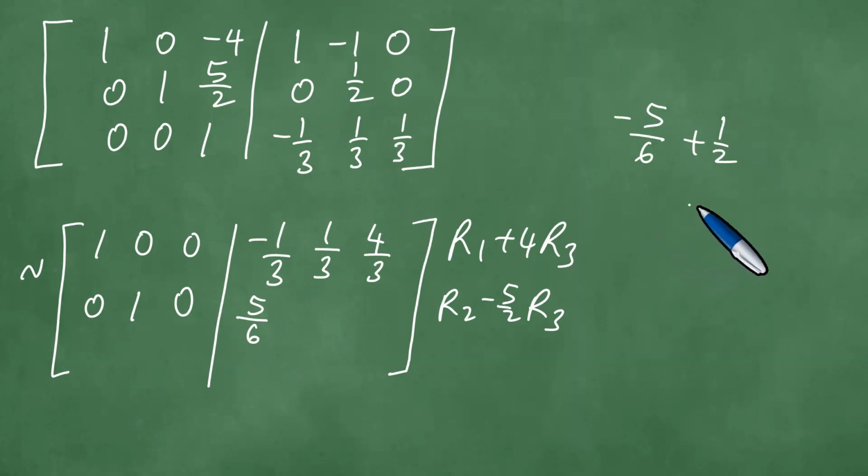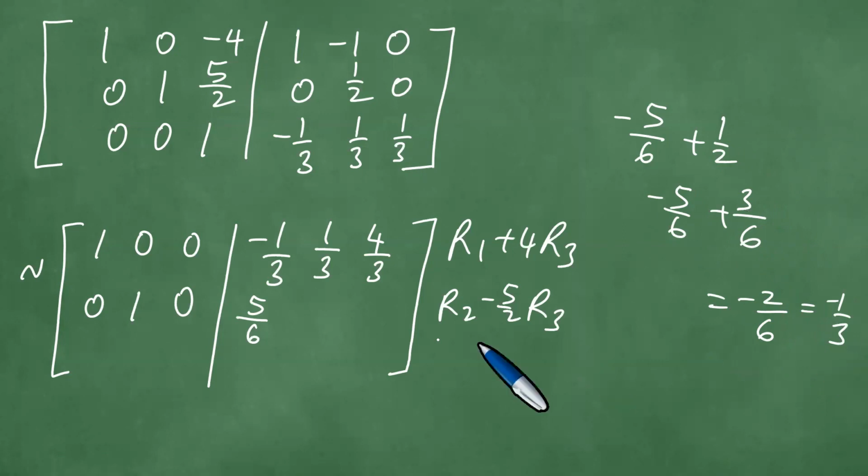Add to the second row, 1/2. Minus 5 over 6, multiply this one by 3 out of 3, which is 3 out of 6. Minus 2 out of 6, minus 1/3. Multiply this one by minus 5 over 2, minus 5 out of 6.